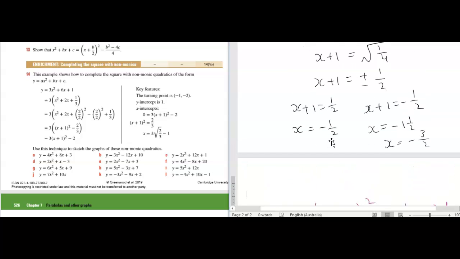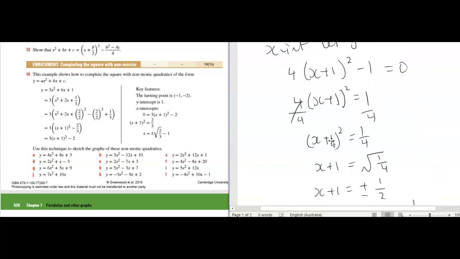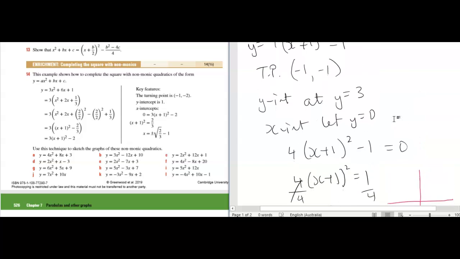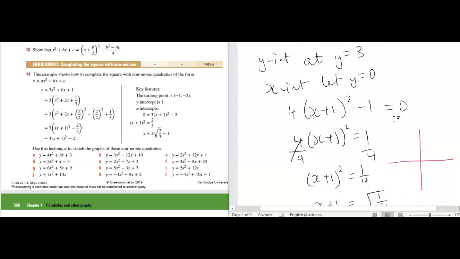All right, so let's just sketch it. I'm running out of room, so let's just sketch it quickly over here. What's our information? We've got a turning point at -1, -1.